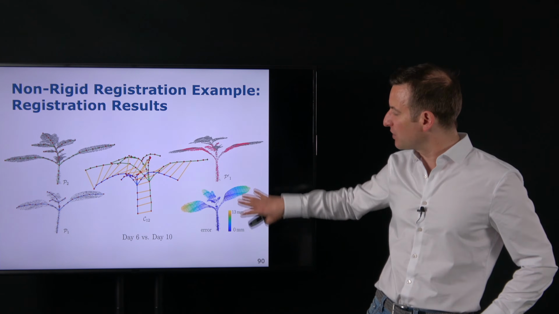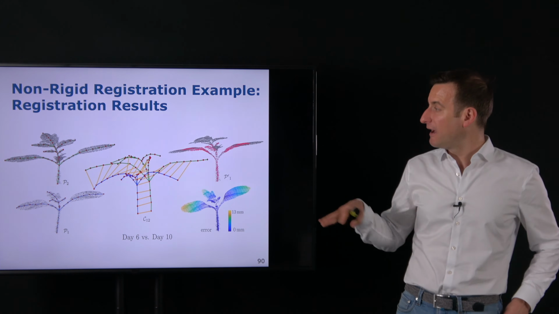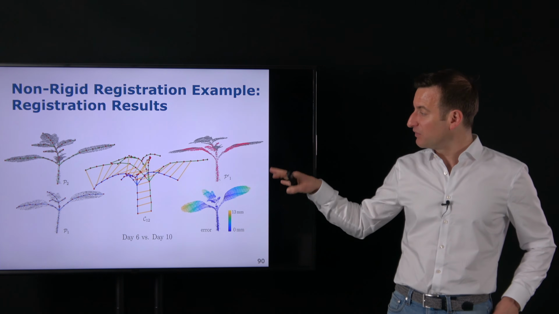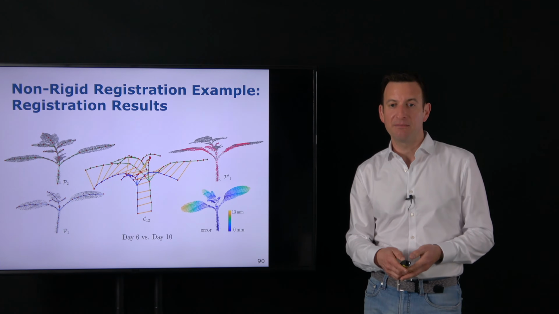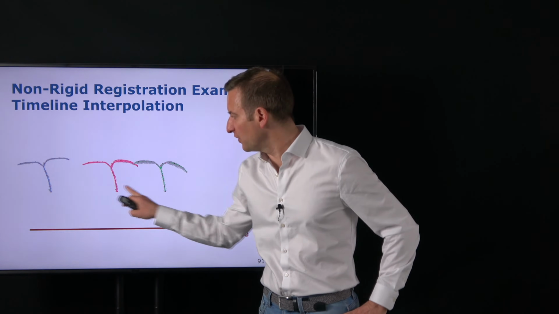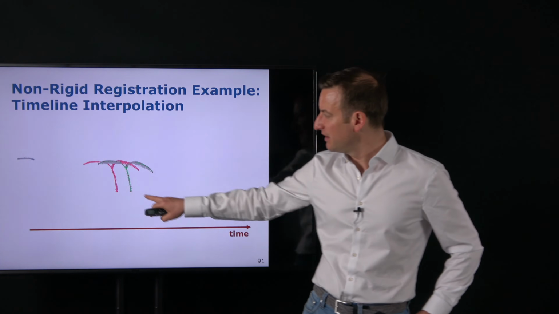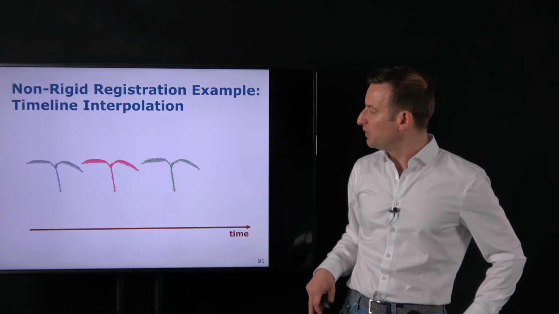You can use this for phenotyping, for deriving phenotypic traits from this information, and then also, if you do this between all the time steps, track the development of the plant over time. So this is a small example of a video. These are the points where you have actually taken a scan, and the red one is always an interpolation between those 2 clouds.